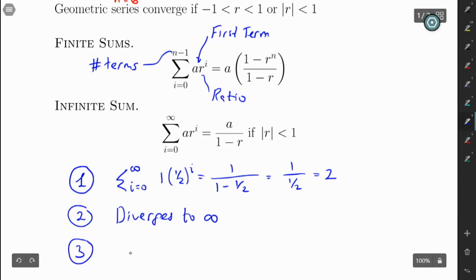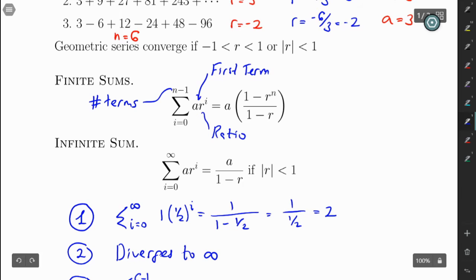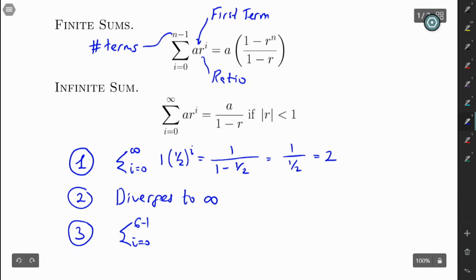So we just plug things in. This is going to be the sum from i = 0 up to 6 minus 1, which is 5. And then a in this case was 3, and r was -2, so 3 times (-2) to the i.